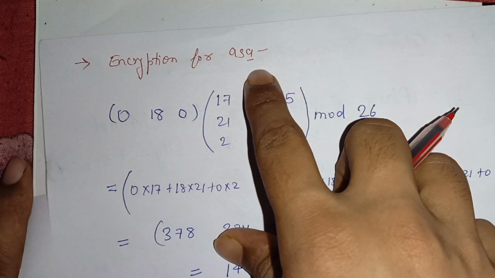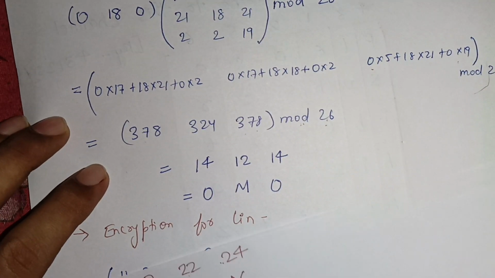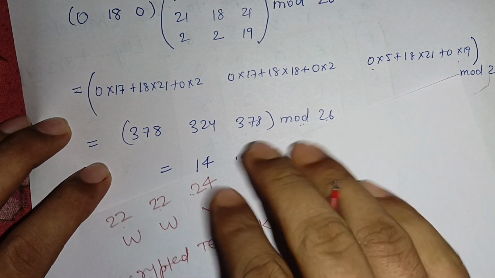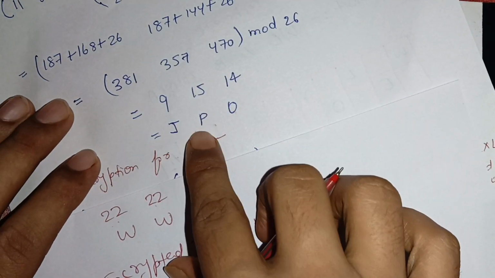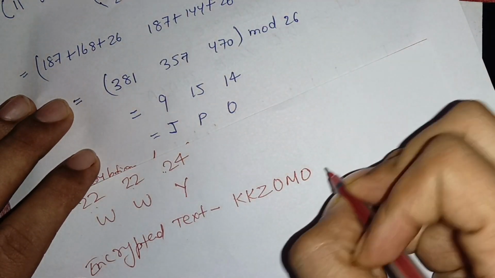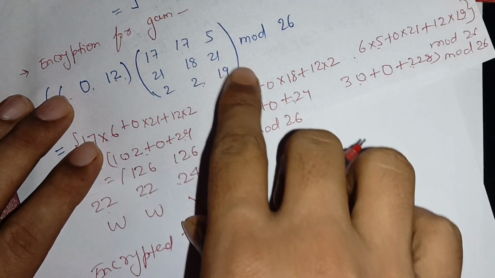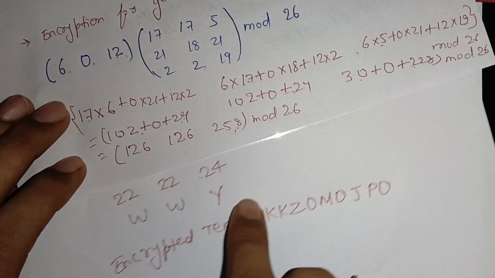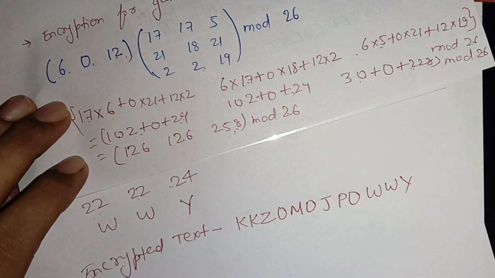Again for the ASA we can write here OMO. Again for the LIN, the encrypted text is JPO. So we can write here JPO. Again for the GAM, the encrypted text is WWY. So we can write here WW and Y.